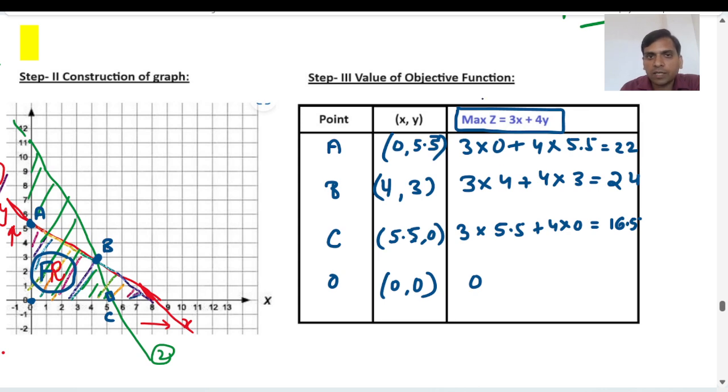Now your objective function is associated with maximization. So in all these values, the maximum value is 24. This is the maximum value. So we can find this maximum profit, and the corresponding values of x and y are 4, 3.